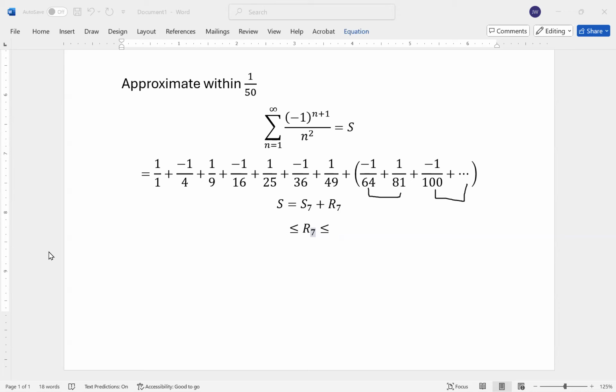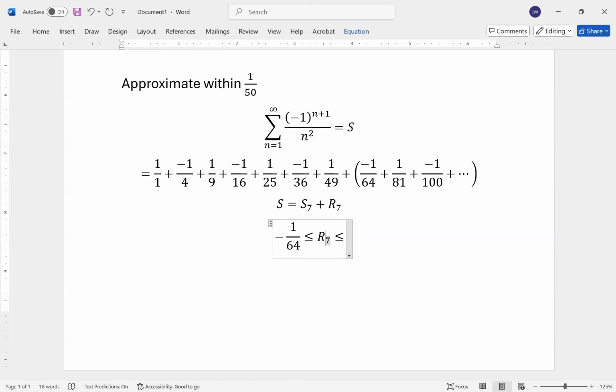So that means my remainder is going to be negative, but it's also going to be, at the smallest, negative 1 over 64, because it's negative 1 over 64 plus a positive part, plus a positive part, etc. So basically, my remainder is going to be negative.